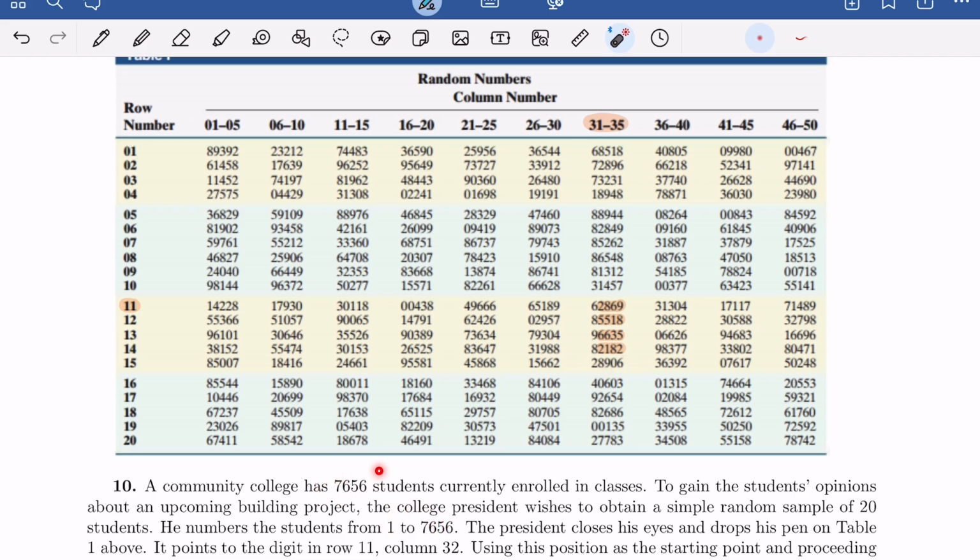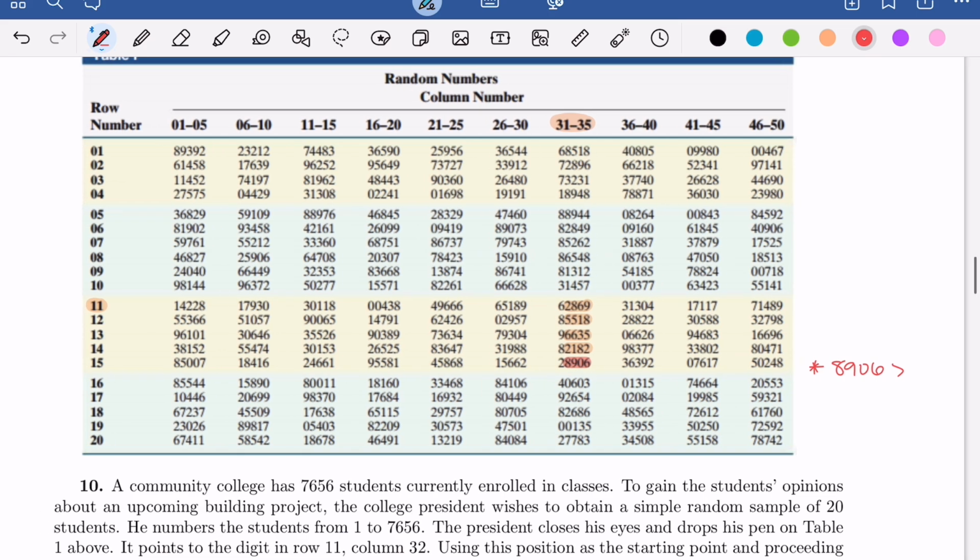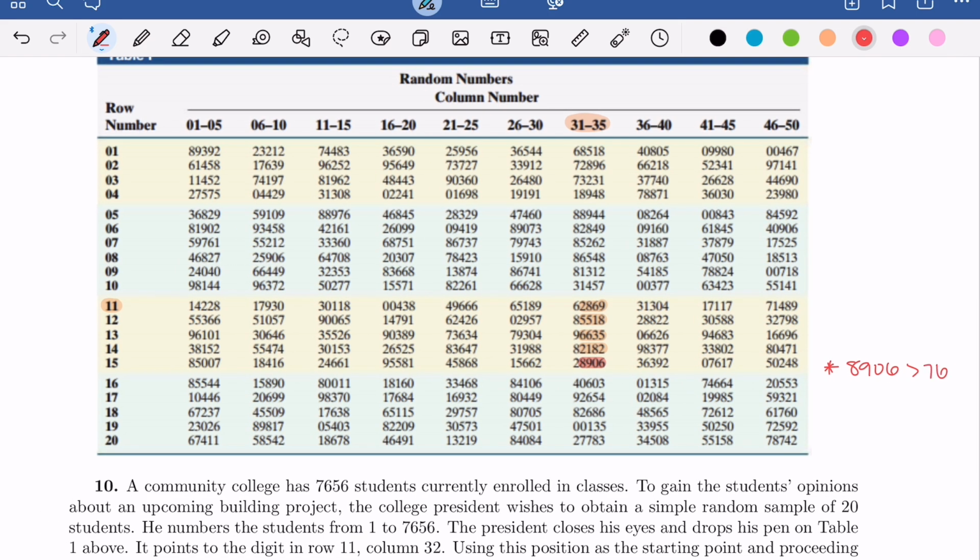But remember, we only have those 7,656 students here, so it's not possible to select someone with this number. So let's highlight this guy in red here, just to emphasize that we're not going to select this one. And this is because, we'll write it on the side here, this number is greater than the amount of students that we actually have, so we can't select this guy.